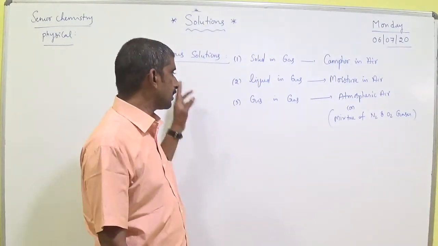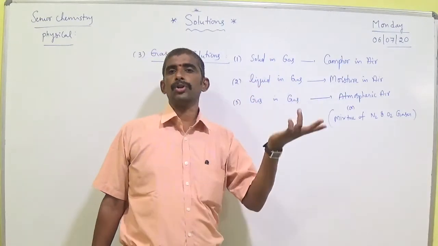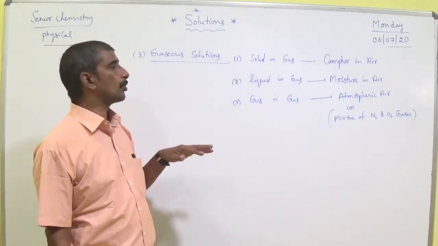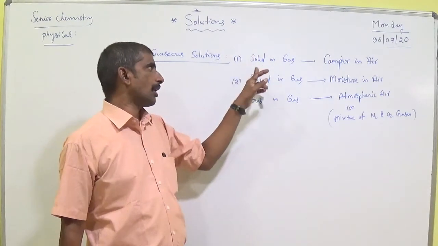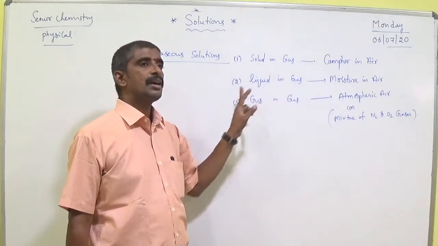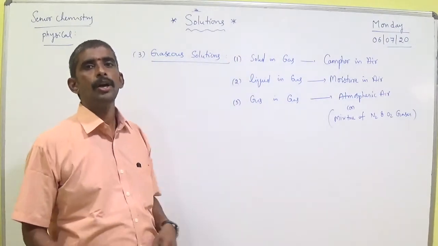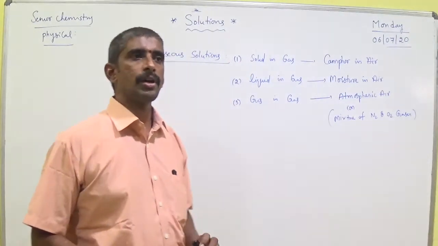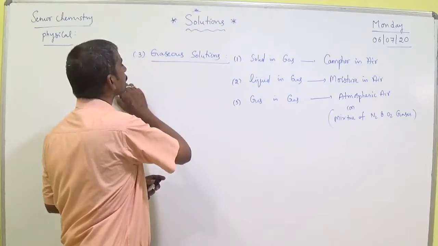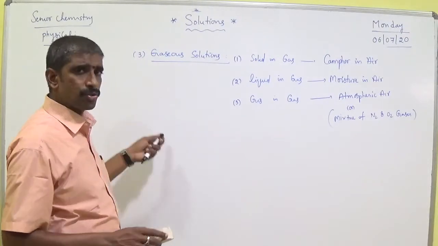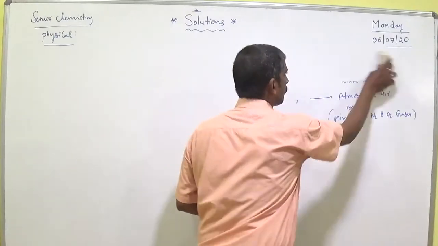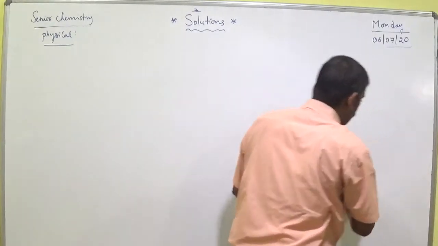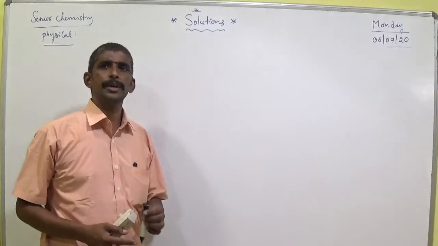Gaseous solutions are classified into three types: solid in gas, liquid in gas, gas in gas. Depending on physical state, solutions are classified into solid solutions, liquid solutions and gaseous solutions. These are important theory points.